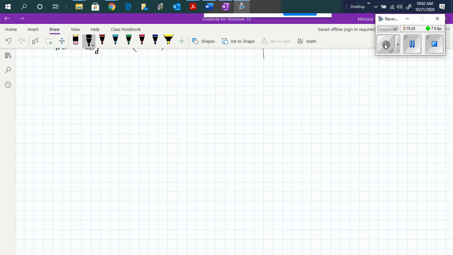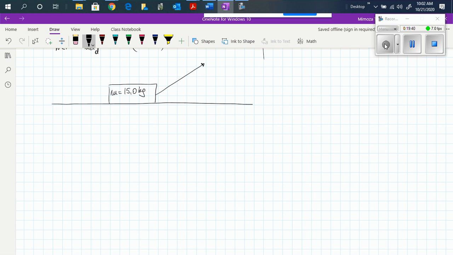Questions? So we'll deal with a similar situation, but now we will add friction. We are on a horizontal surface. We have an object with mass 15 kilograms, and we have a force with a magnitude of, let's make it 200 newtons, at an angle with the vertical of 50 degrees.